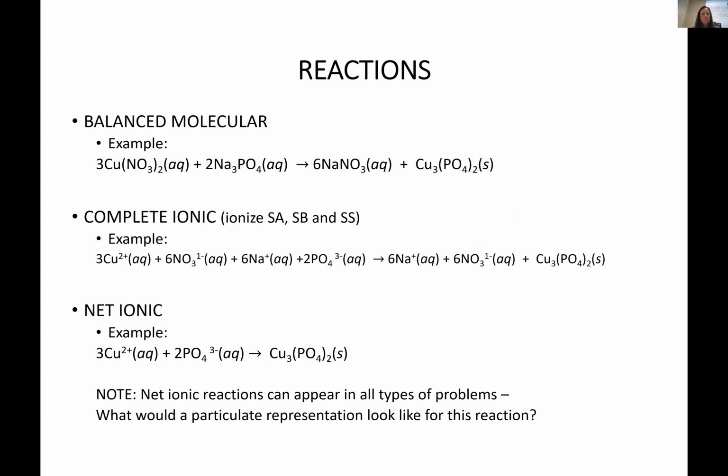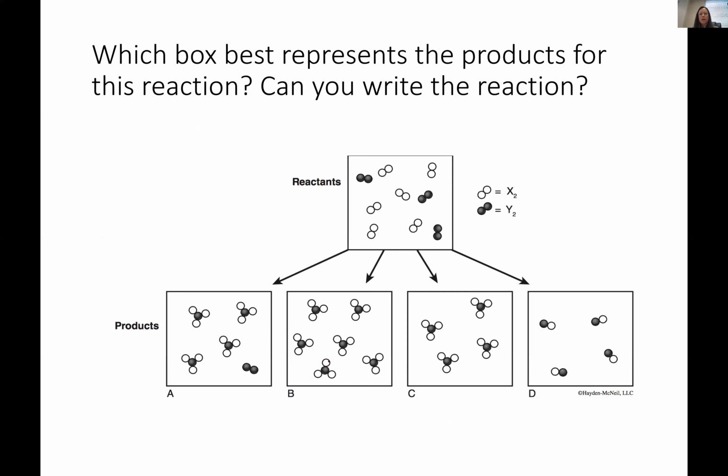And so reactions, did I just do that page? Here we go. Here's our first question for you. So Mr. Akampora is going to put up a little poll, and I want you to look at this. Does that poll box move a little bit, Lou? Yes, you can move it. I can move it around. So the question is, which box best represents the products for this reaction, and can you write the reaction?